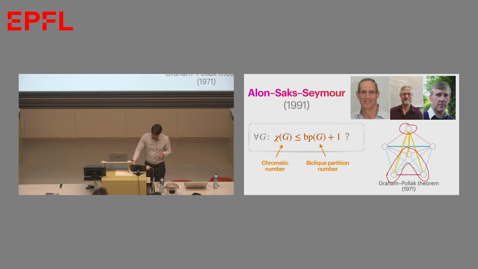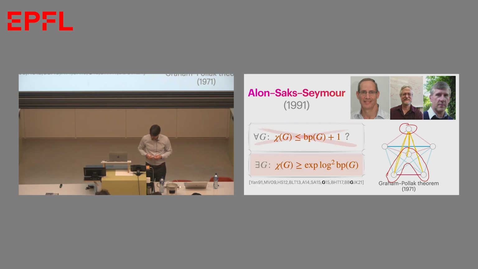So this conjecture stood for some 20 years until it was first disproved by Huang and Sudakov. Sudakov is at ETH right now. So they gave a weak counterexample for it. But now in this line of work, ending up with this hex construction, we're able to construct the optimal counterexamples to this conjecture.